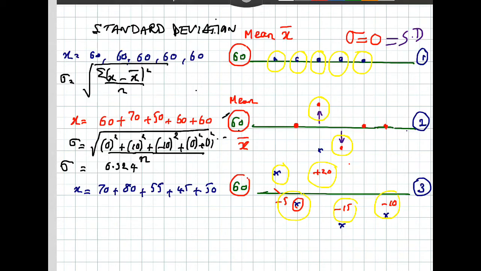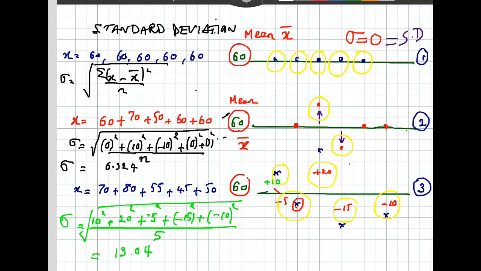Now in the third case, we should have more scatter. You can see from the sketch that this value here should be bigger because we have more scatter. Let's work it out and see.